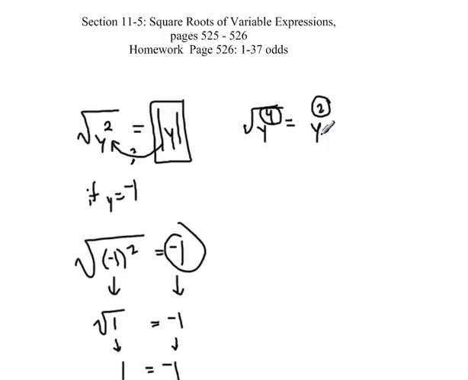If y is -1, then this would be even, and this would have to be even as well. So you don't need the absolute value limitators on anything with an even exponent. All right? So even and positive. And that'll take away some of the opportunity to have something wrong on a placement test.